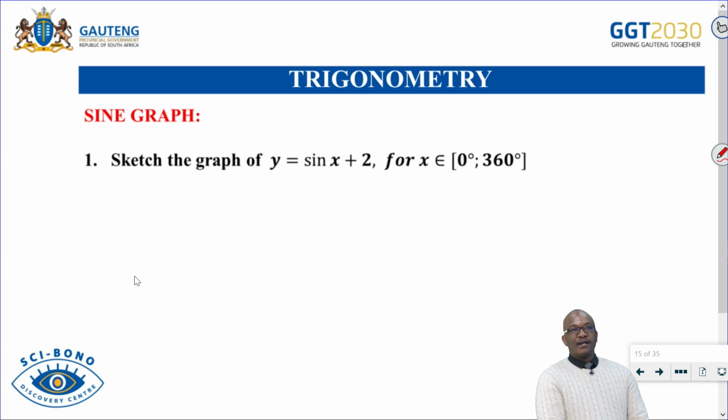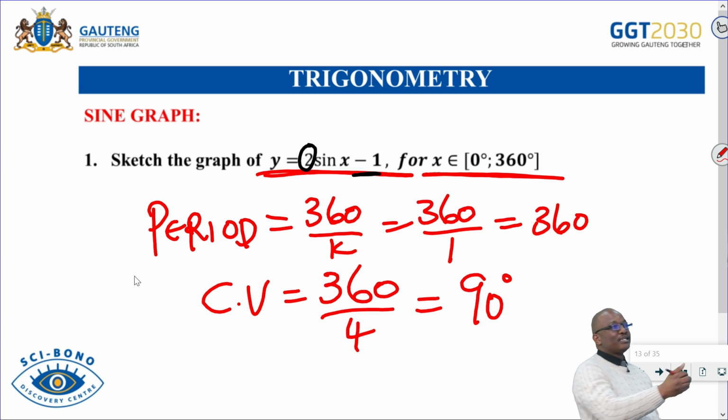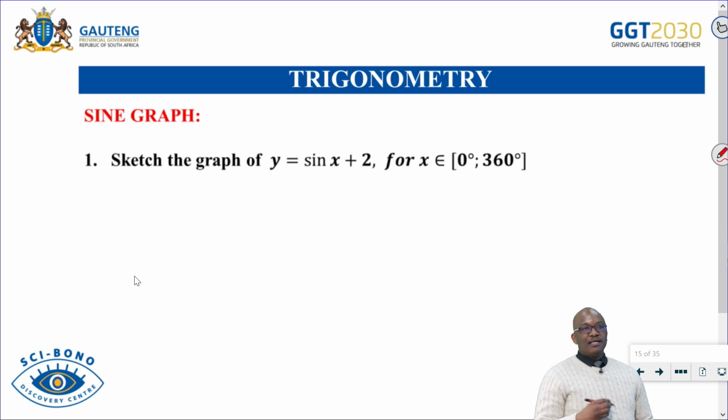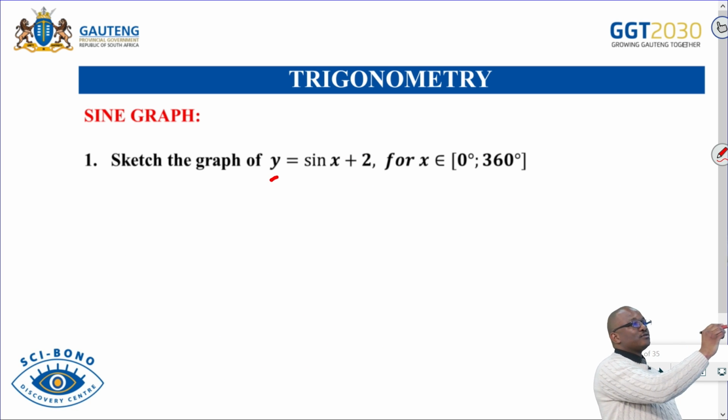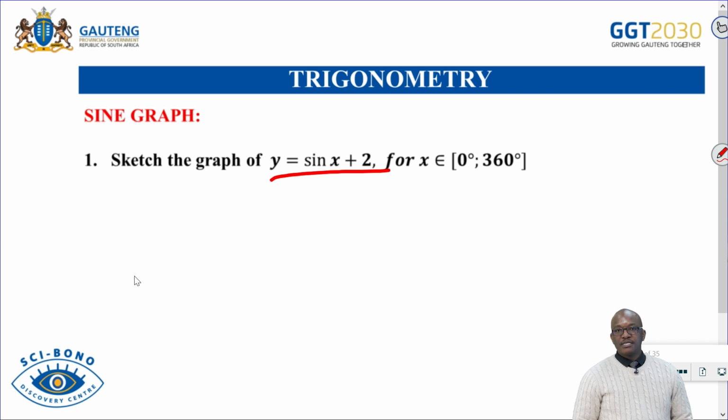Looking at the one now for sine x plus 2, it is the same as this one. In this case now, the graph is going to move 2 units upward.